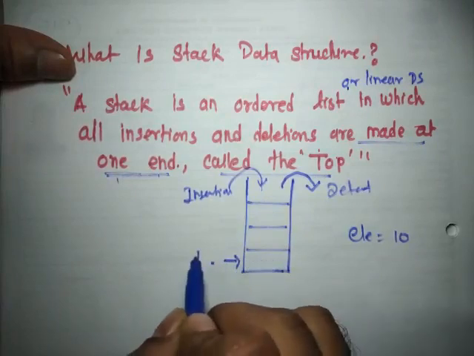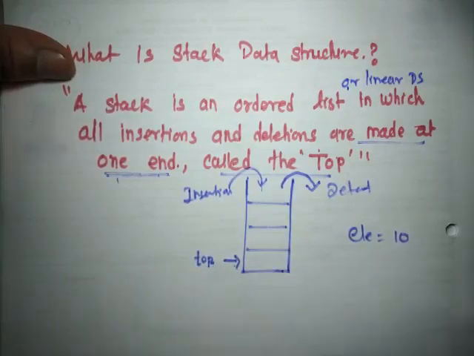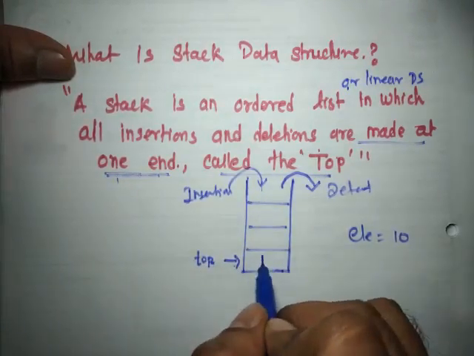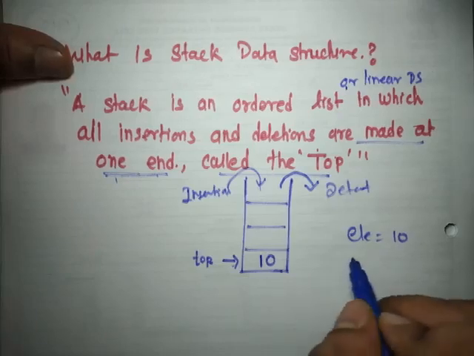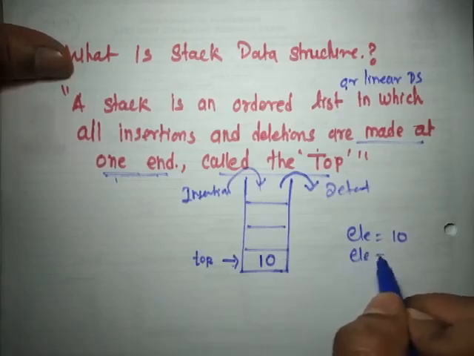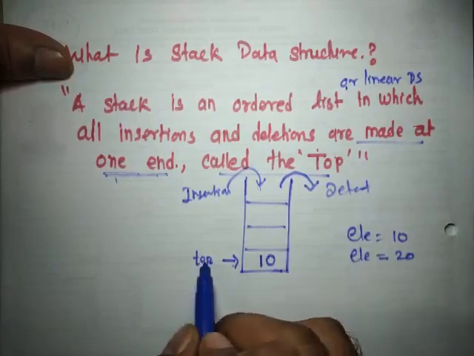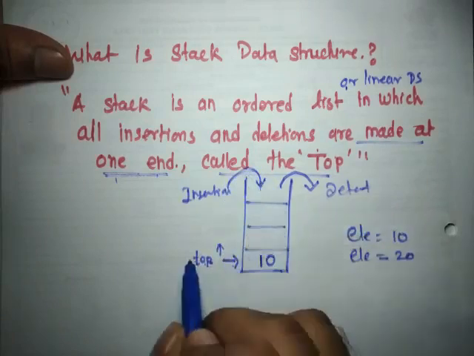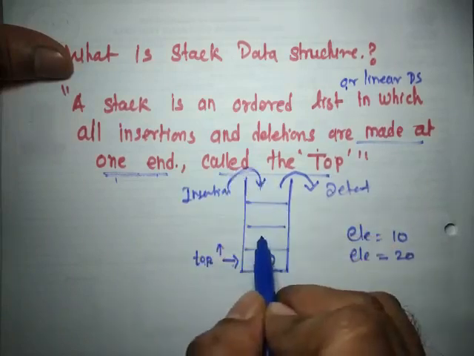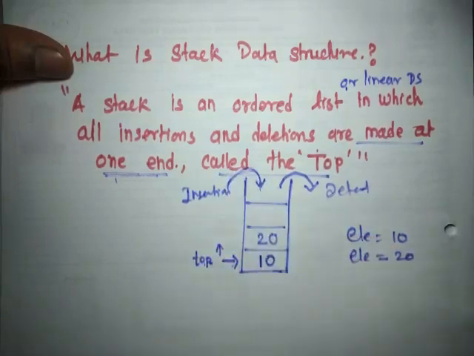So here now your top end is pointing to this location, and you are going to insert that element here. Now let's insert another element, that is 20. So top will be incremented by one position, and again that insertion is made by top end only. So here comes your 20.